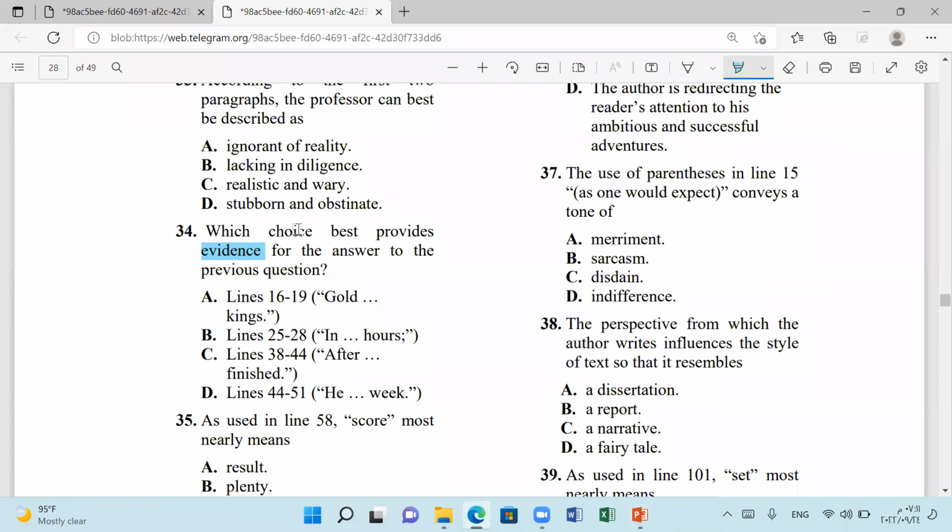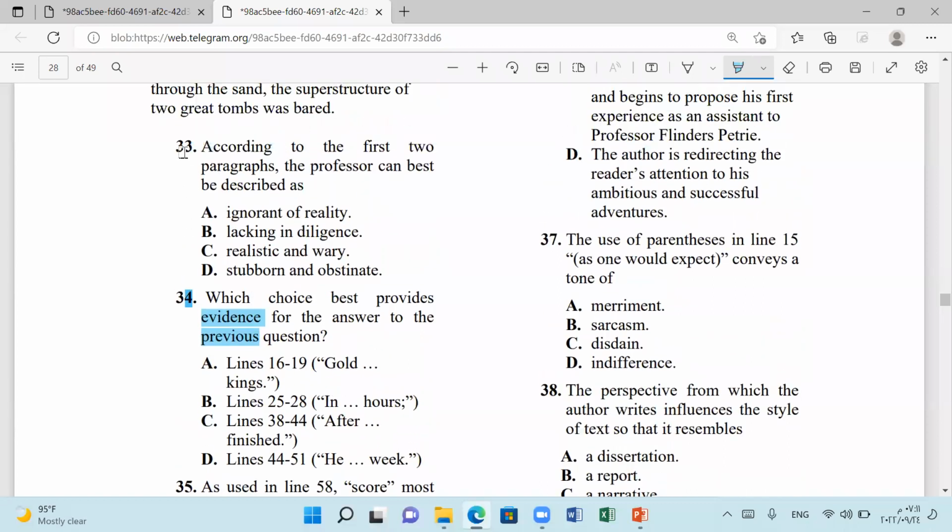Here: which choice best provides the evidence for the answer to the previous question? So the presence of the word previous tells you that this question, which is question number 34, is paired up with the previous question, which is question number 33. So you're going to be answering 33 and 34 together.